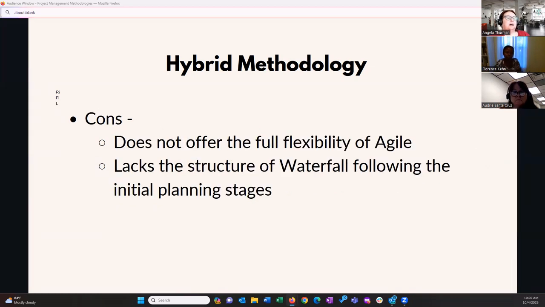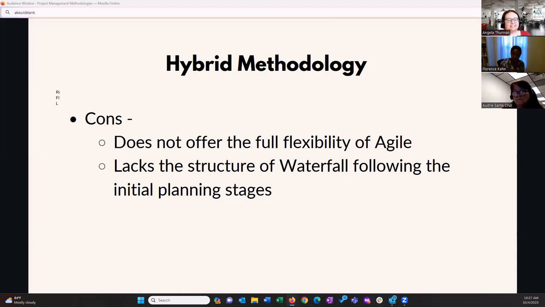But it also has some cons because it's not really providing you the full flexibility that you would have with agile. And yet it still lacks the structure of a full waterfall, which would follow after the initial planning stages. So hybrid methodology is neither agile nor waterfall.